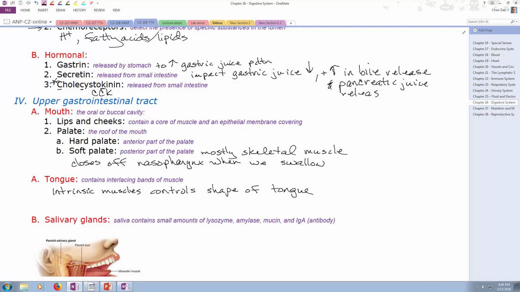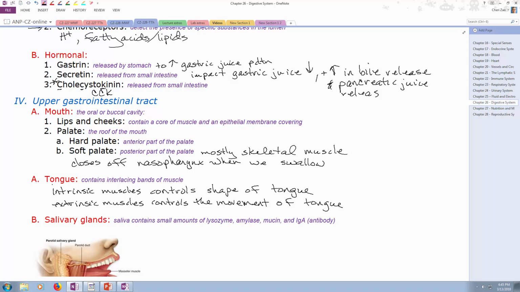The extrinsic muscles control the movement of the tongue. In other words, when you stick your tongue out, the reason you were able to stick your tongue out is you used other muscles that are attached to the undersurface of the tongue.